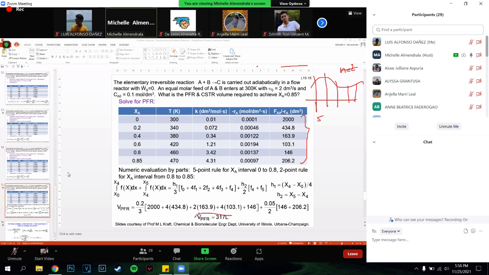And so you can find your PFR, 317. Based on this, it is an irreversible gaseous reaction. Is this a gaseous reactor? Okay.